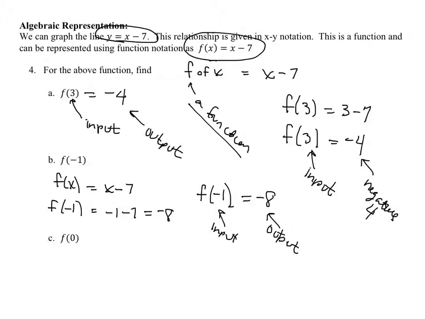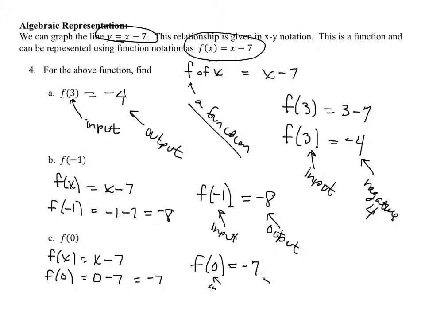Now what about f of 0? Same thing. Use the same function. So I'm going to put in 0 everywhere I see an x. The value of the function when x is equal to 0 is -7. So we say f of 0 is -7. What's my input? 0. What's my output? -7.